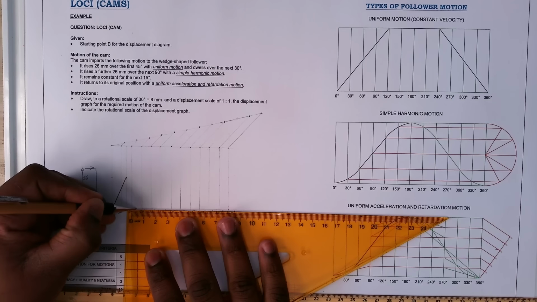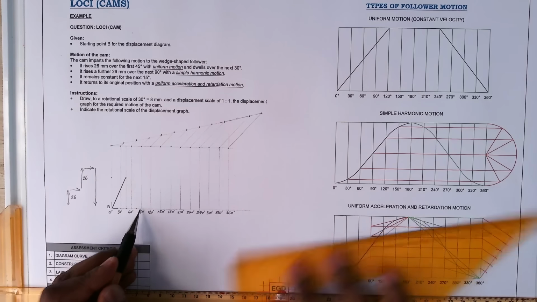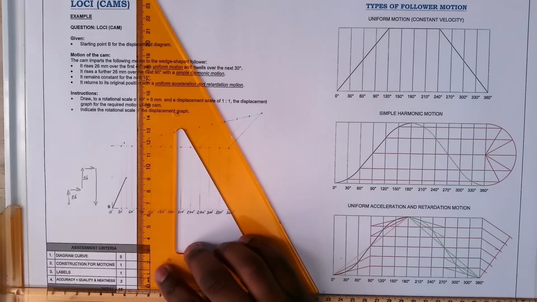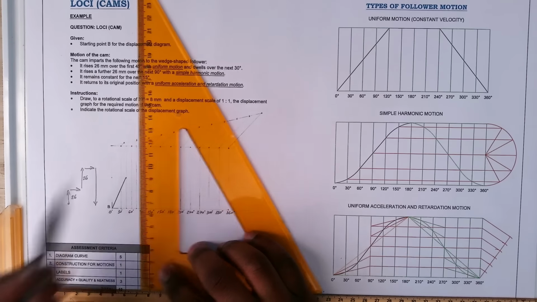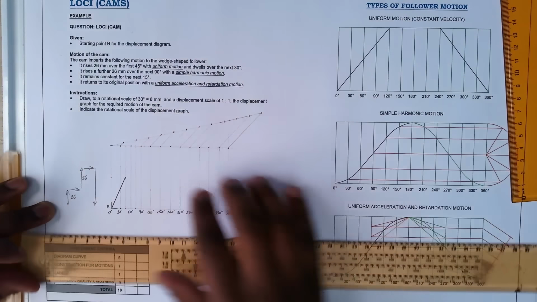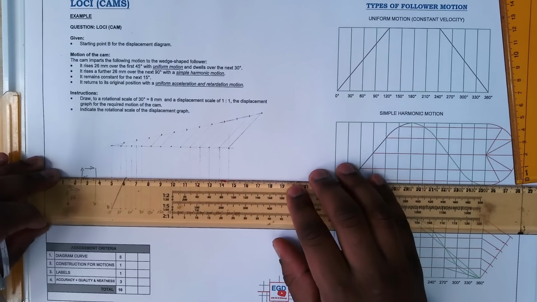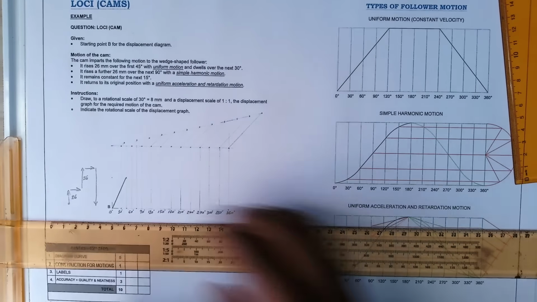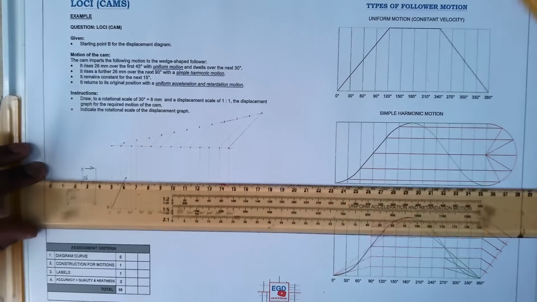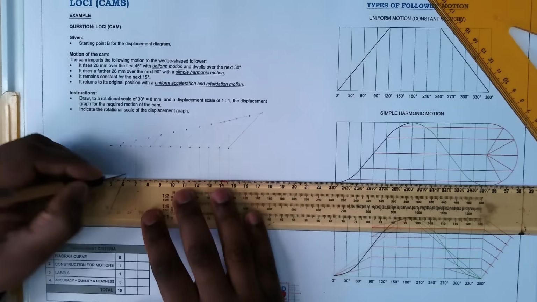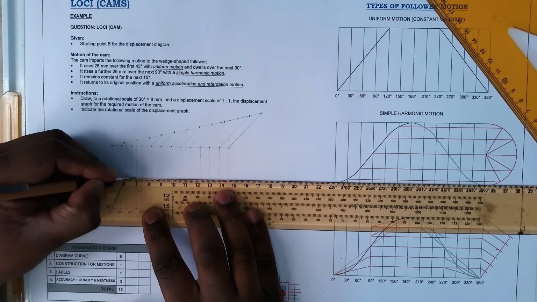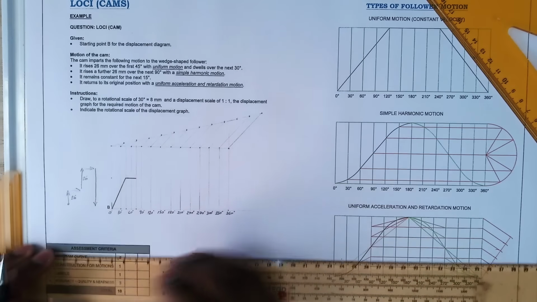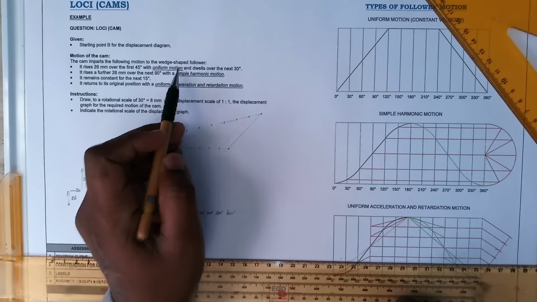I'll have to measure 4 millimeters just to get the midpoint of this part here, because that's where the follower will end. It dwells, so it will move horizontally. I'll just draw a line to there. Remember, the motion didn't change, it's the same motion, it's uniform.